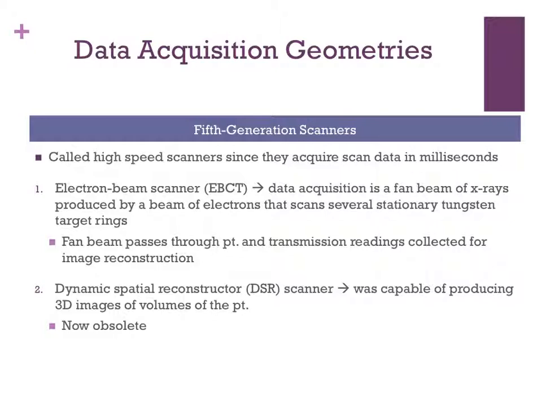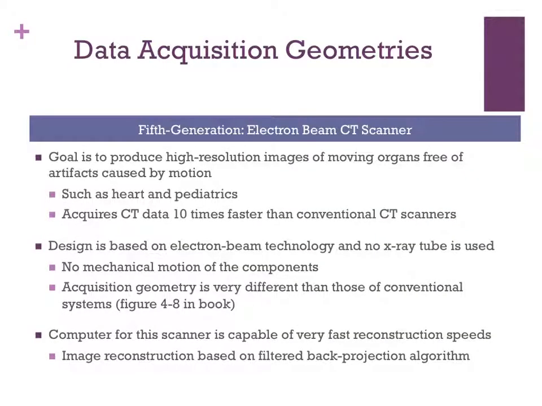not used. Just to go a little deeper regarding the electron beam CT scanner, the goal of it is to produce high-resolution images of moving organs free of artifacts caused by motion. This includes the heart, since it is always beating, and also pediatrics, since it's hard for them to hold still.